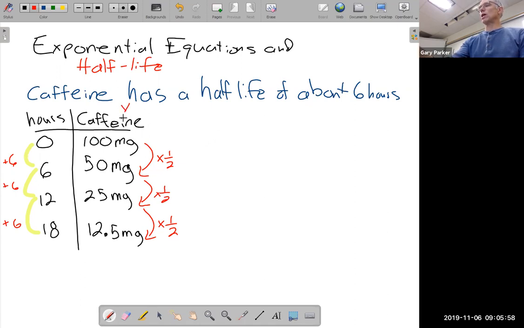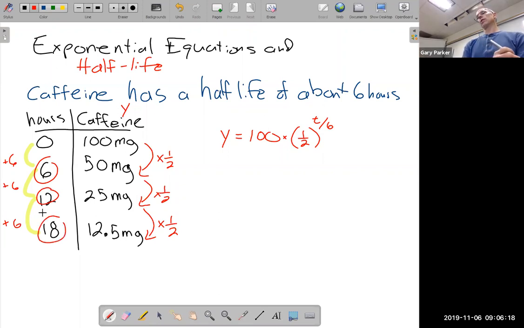So if I say Y is my caffeine, then Y would be starting at 100 milligrams. We're going to cut that in half every 6 hours. So I take the total number of hours and I divide by 6 because I'm looking for groups of 6 hours. So there's one group of 6 hours, two groups of 6 hours, three groups of 6 hours.